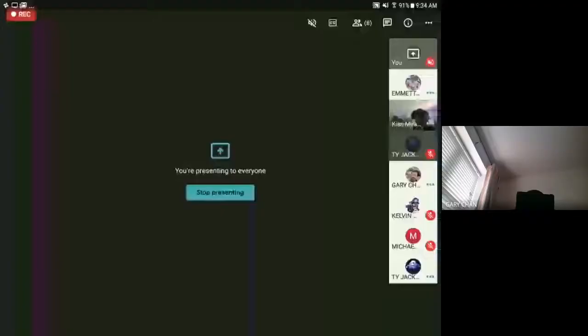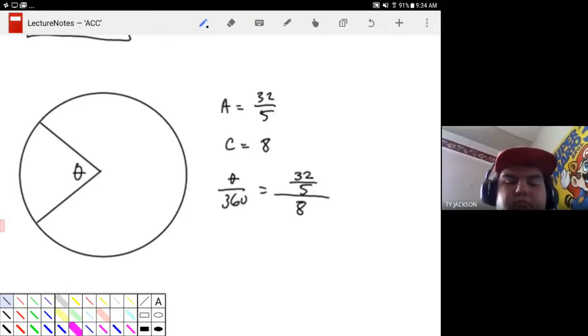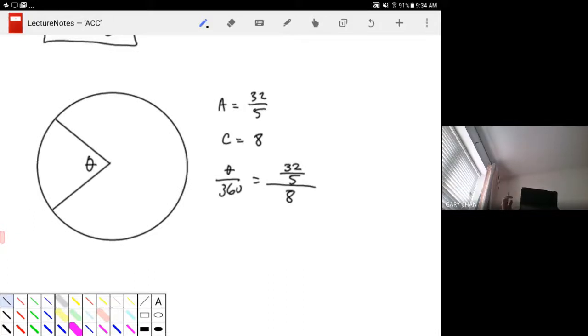Yeah. Okay, so let me just do a really quick share screen. It should look something like this. So you should have something like this set up. Okay. So again, don't be intimidated by this, because it's nothing to feel intimidated about. You're just going to multiply both sides by 360.